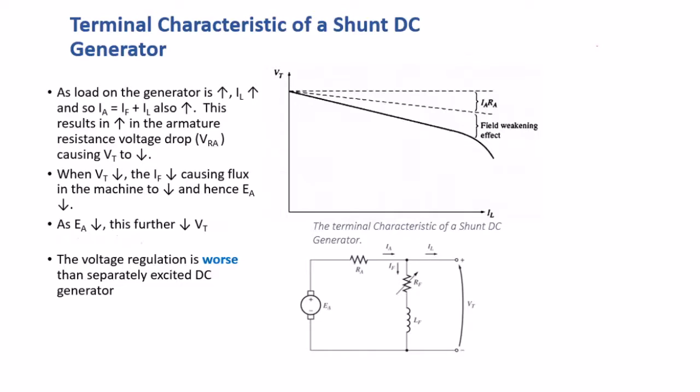Okay, now how does the terminal characteristic of this shunt DC generator look like?